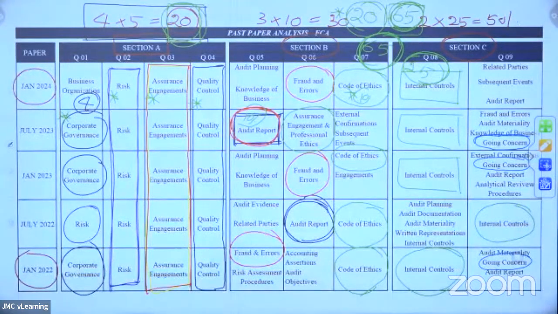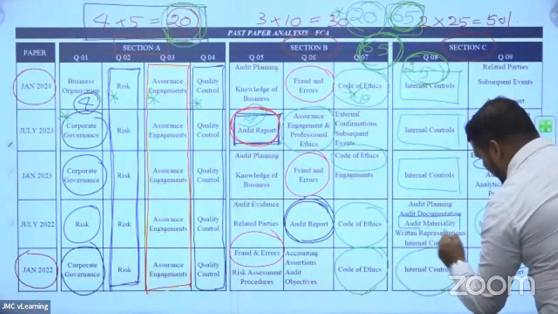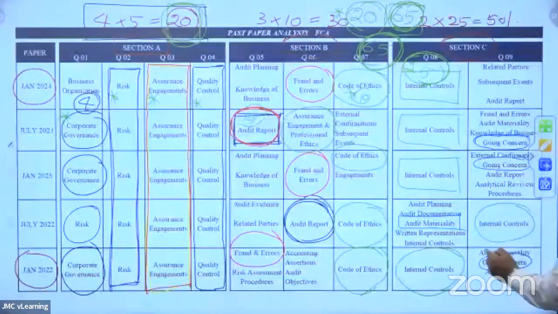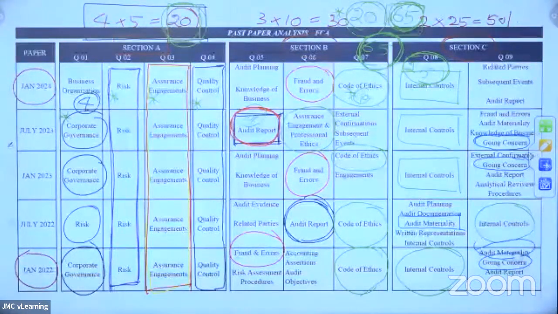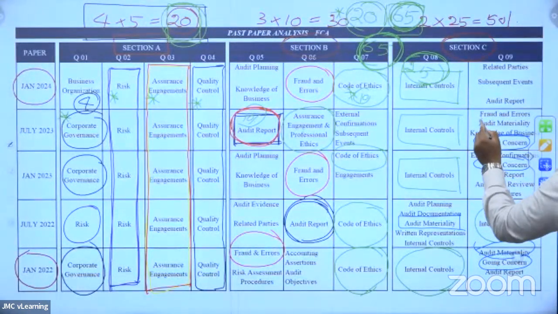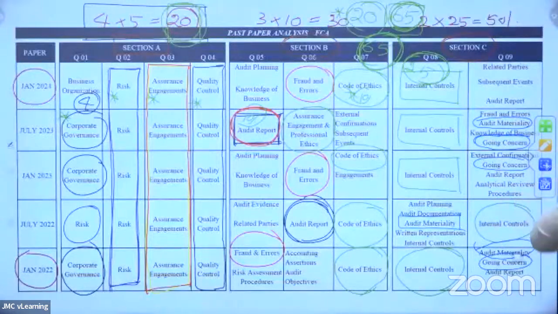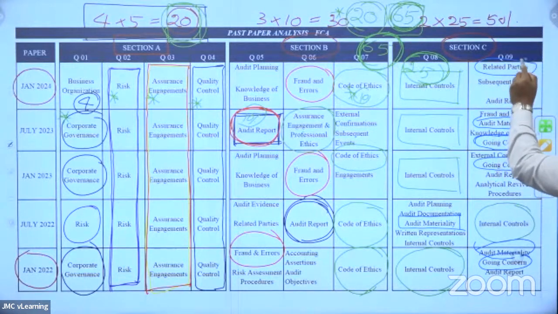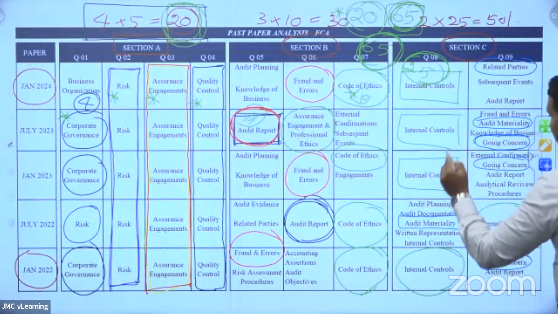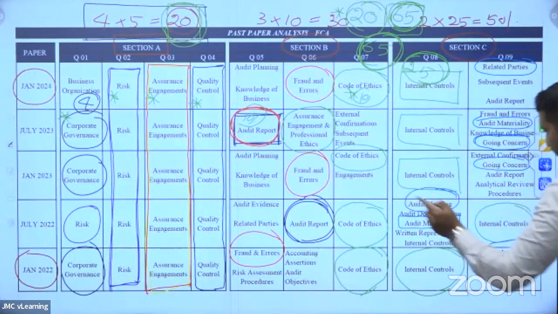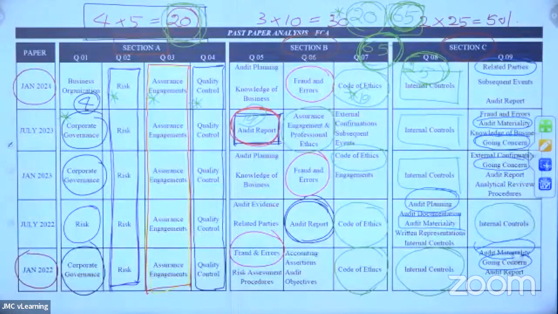Then audit materiality, SLIUS 320. Then I would say related parties. Then audit planning. So likewise, these are the other probable standards which might be tested at the exam.